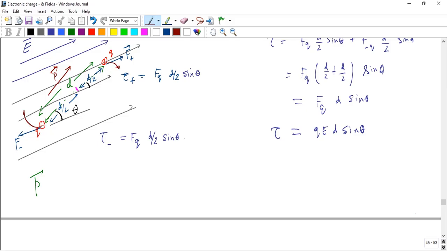Actually there is a clockwise rotation. Okay, that's very important. And P is equal to the charge, both have the same magnitude so consider one Q, times the distance d, that is Q d, in vector direction. And the rotation is clockwise.